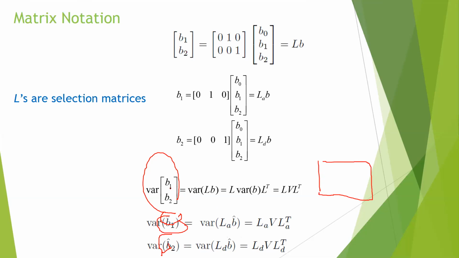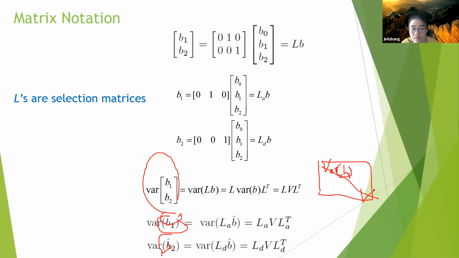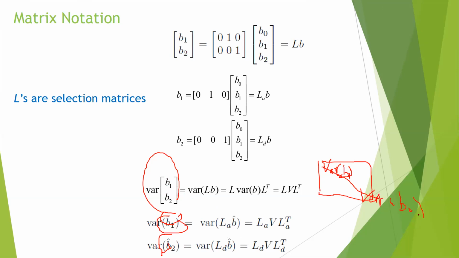But if we want to calculate the variance of 2, the diagonal elements are usually the variance of each parameter itself, B1 and B2 here. But the off-diagonal element represents the covariance between these two. Okay, the same here. Is that clear? 2 by 2.